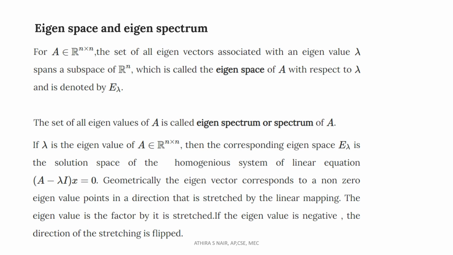Now we will see the eigenspace and eigenspectrum. An eigenspace of vector x consists of the set of all eigenvectors with the equivalent eigenvalue, collectively with the zero vector. It is denoted by E_lambda, where lambda is the eigenvalue.